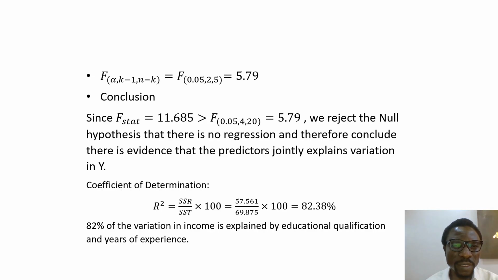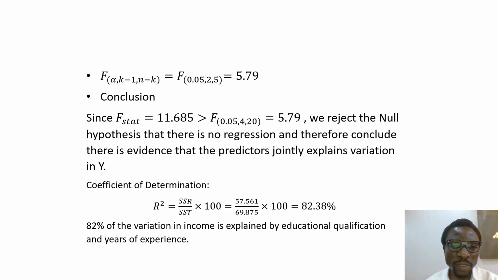Since our F stats, which is equivalent to 11.685, is greater than the F tab, which is equal to 5.79, we reject the null hypothesis that there is no regression, therefore conclude that there is evidence that the predictors jointly explain variation in Y.